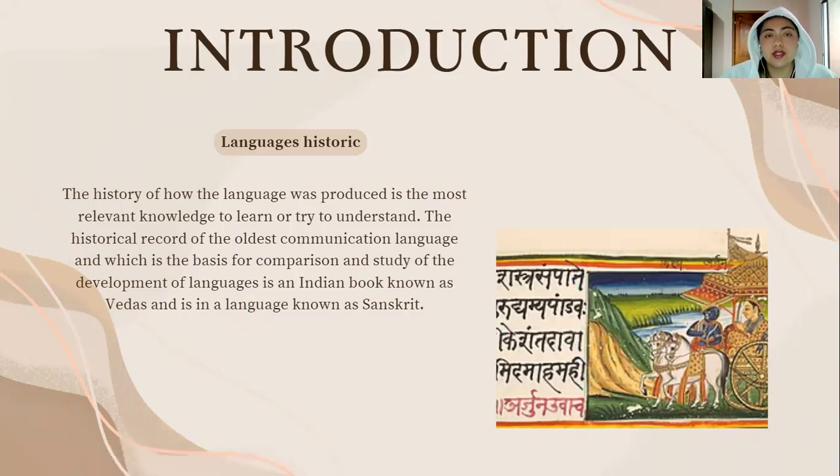The language was the oldest communication language and is the basis for comparison and the study of the development of languages. The Vedas is an Indian book written in Sanskrit.